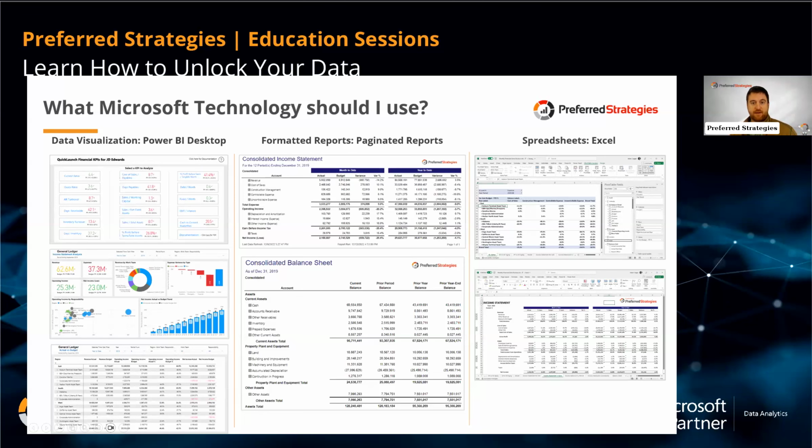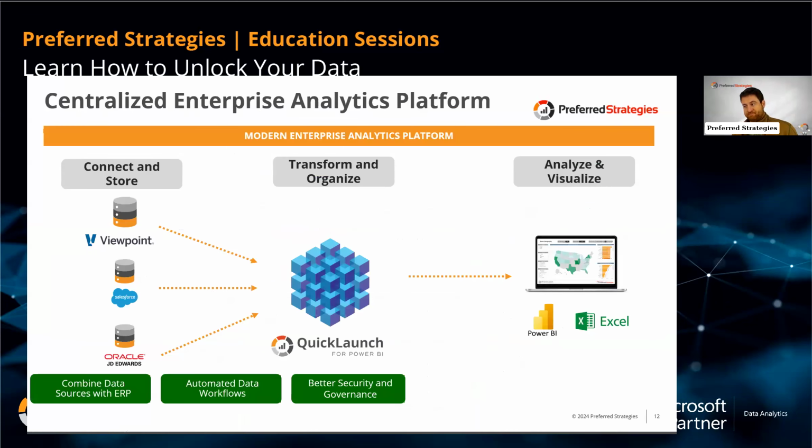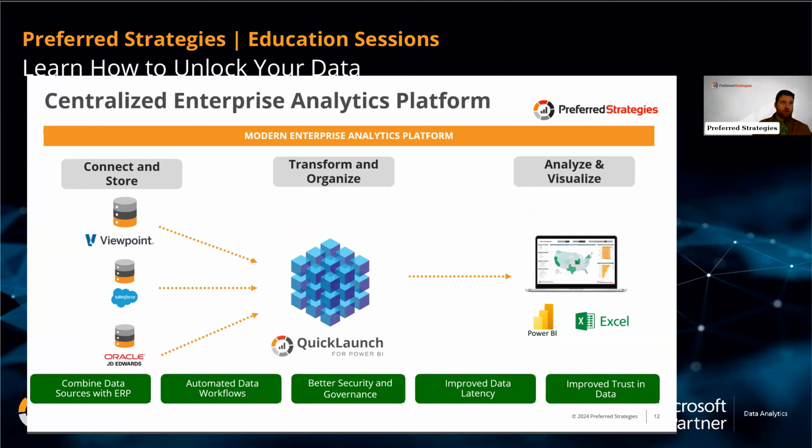As far as the data that we're going to connect to, there are a lot of different ways you can go about connecting Power BI to your enterprise data. We prefer a more centralized, single source of truth approach, which is why we're going to be connecting to our Quick Launch data model, which we'll be using to build out our report in our workshop today.